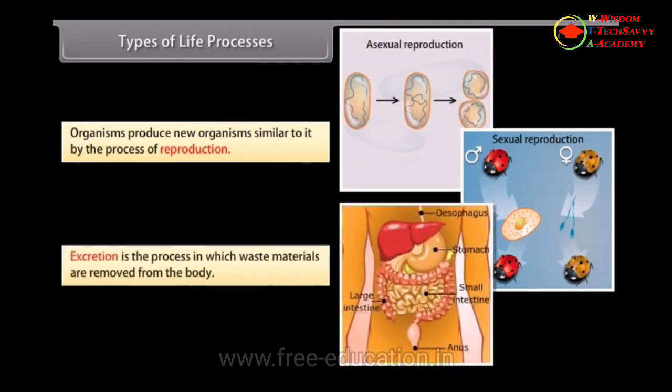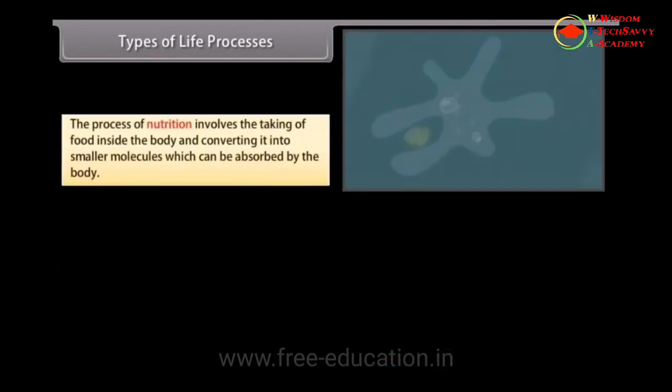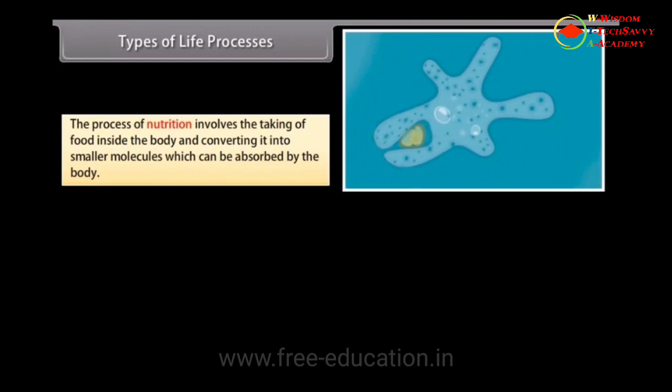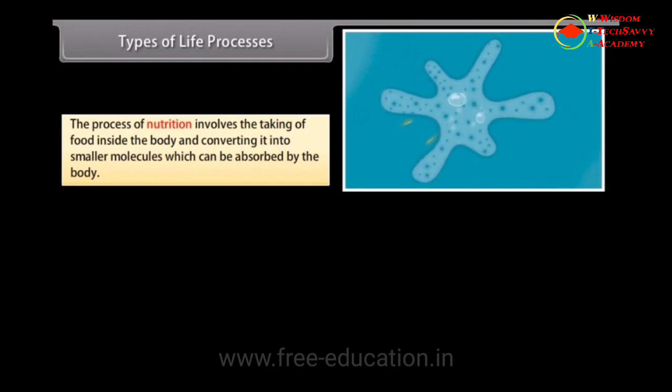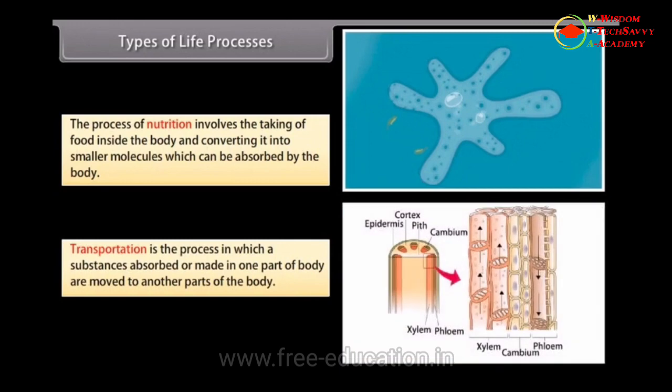Excretion is the process in which waste materials are removed from the body. The process of nutrition involves the taking of food inside the body and converting it into smaller molecules which can be absorbed by the body. Transportation is the process in which a substance absorbed or made in one part of body are moved to other parts of the body.